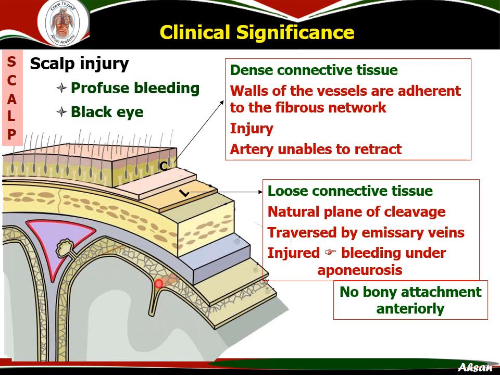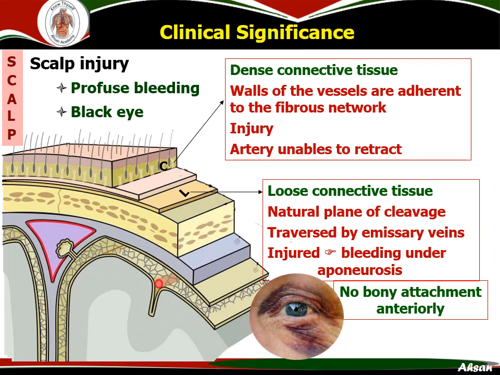So the blood can go anteriorly into the forehead and continue into the eyelids as well as under the conjunctiva. This condition is known as black eye, and this is the mechanism of its formation.